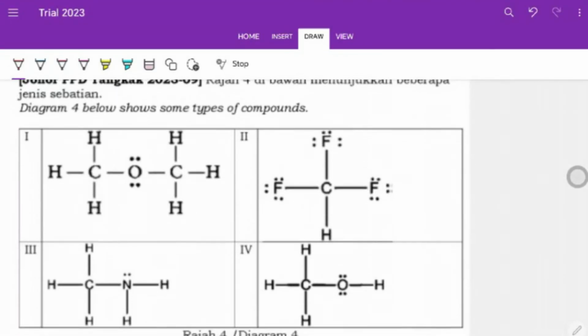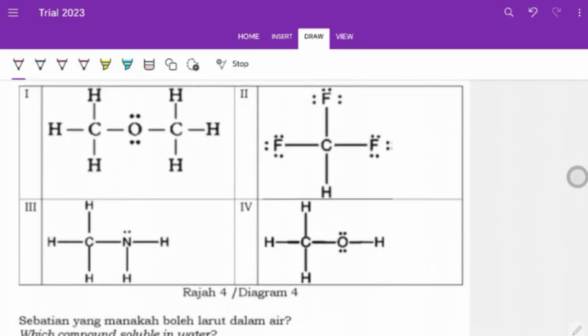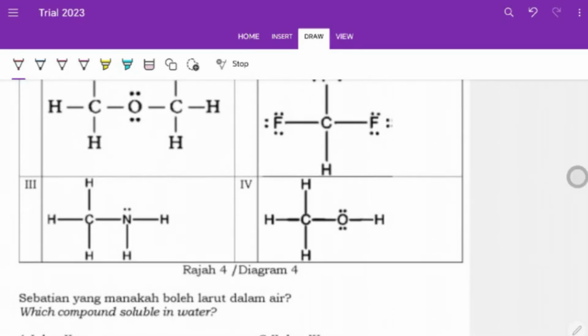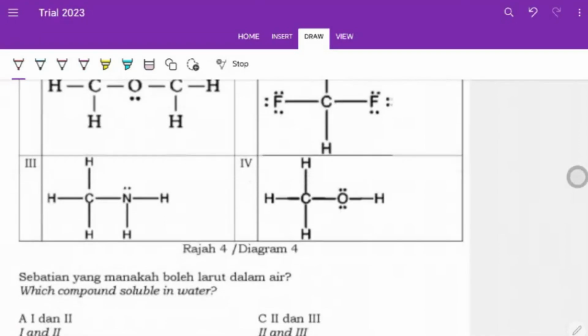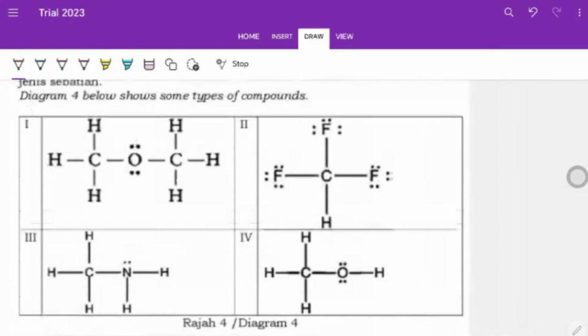Some types of compounds. Next, which compounds are soluble in water? Class, if you see like this, all are non-metal, right? They are covalent compounds. Correct? All are covalent compounds.